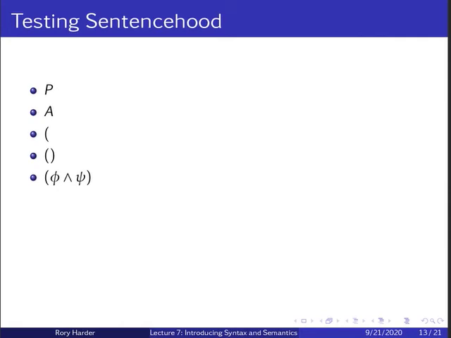Now, what about this? And this is a bit tricky. Is phi and psi surrounded by parentheses a sentence of our language? Now the answer is no, it is not. Phi and psi is not a particular sentence of the language, and the reason it is not is because it's using sentence variables.